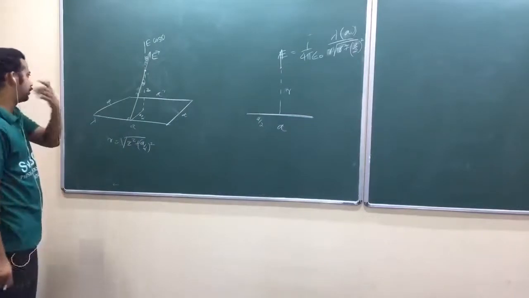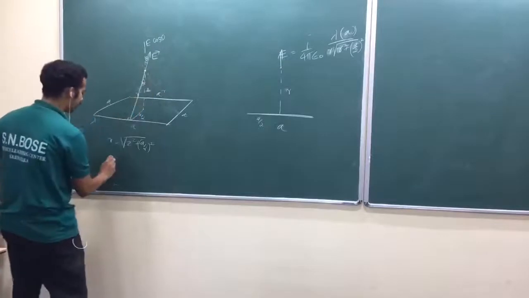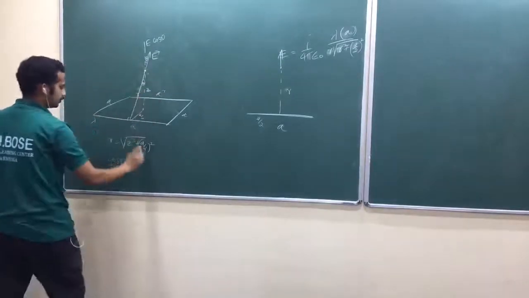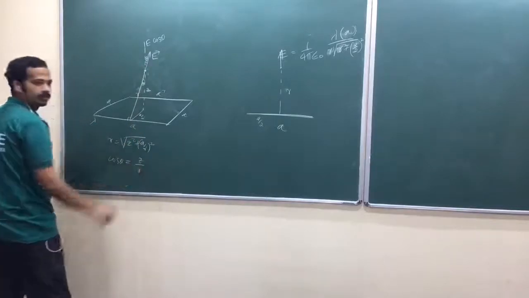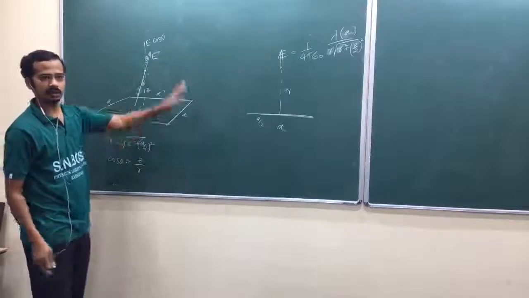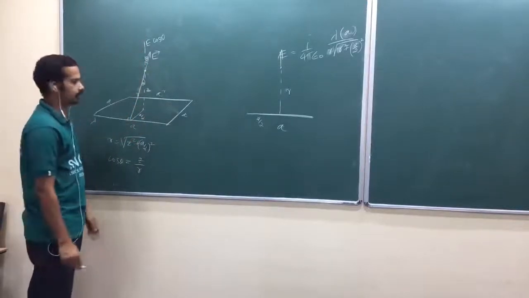Okay, you can now use this R. Now look here. E cos theta, you can define cos theta here. What is cos theta? Z by R. Now that is due to one of the sides. The other side will again give cos theta, same angle, same theta. Is that okay?